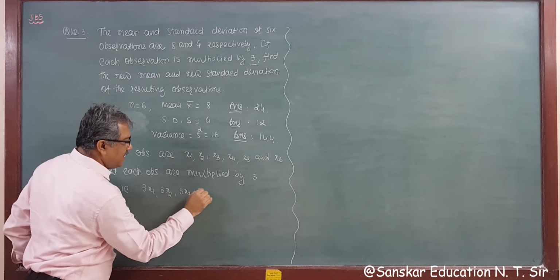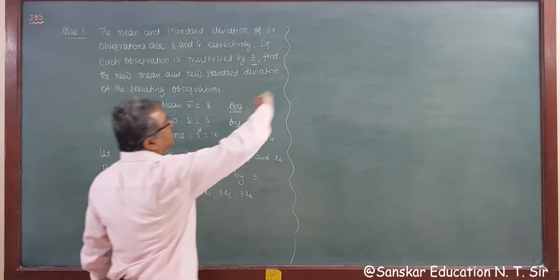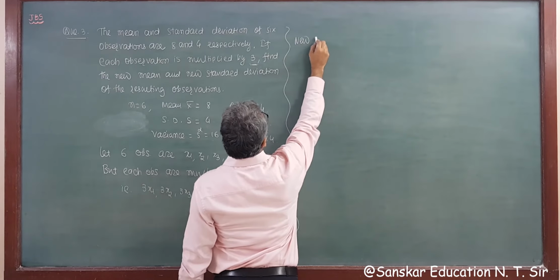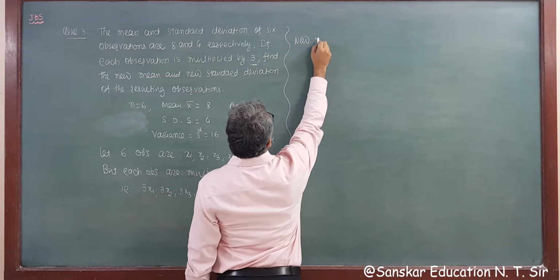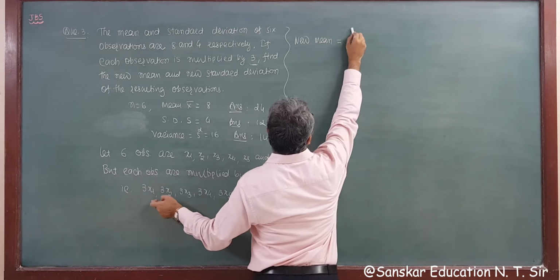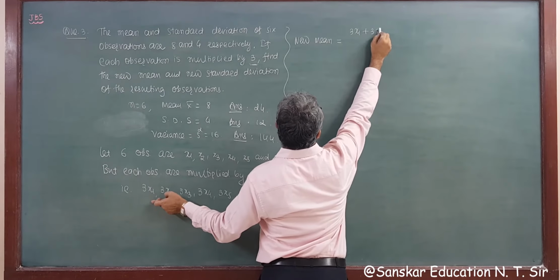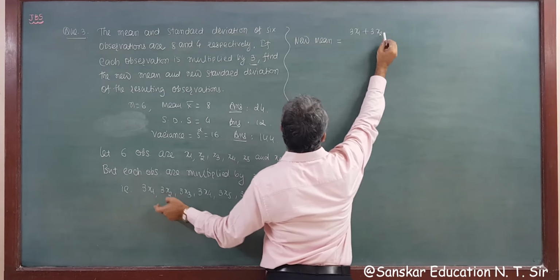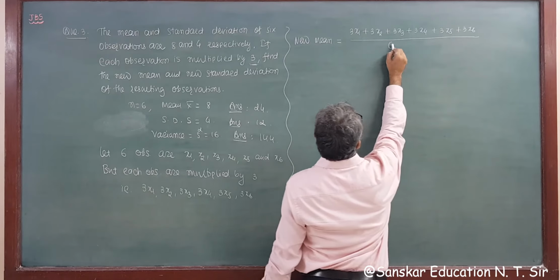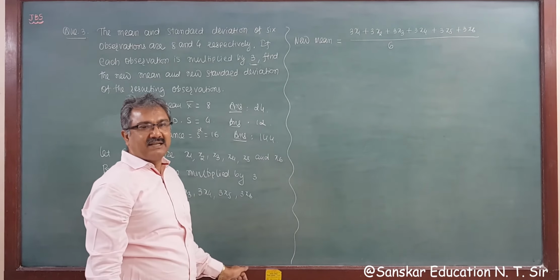So this is 3x4, 3x5 and 3x6, right? So new mean, I am writing here, new mean is equal to the sum of all these observations divided by the number of observations, that is 3 times x1 plus 3 times x2 plus 3 times x3 plus 3 times x4 plus 3 times x5 plus 3 times x6, divided by the number of observations, which is 6, right?